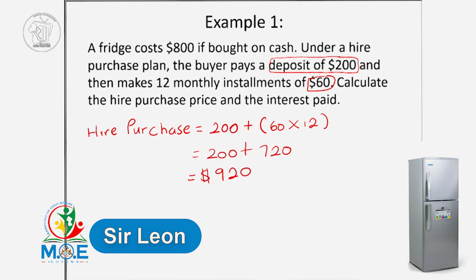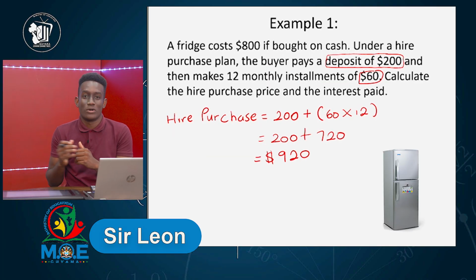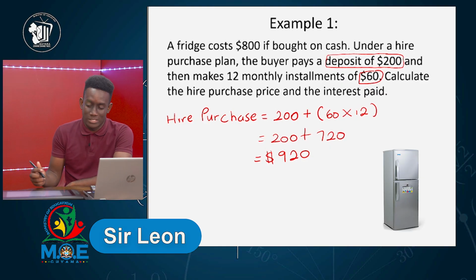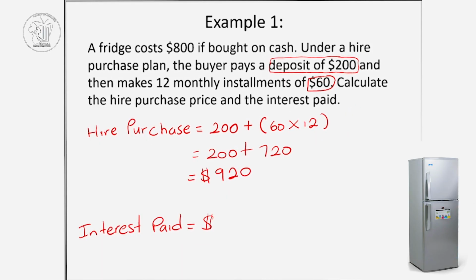So we add this up, and we'll have a total of $920 hire purchase price. And then the interest paid would be the hire purchase price, subtract the cash price, which is $800.